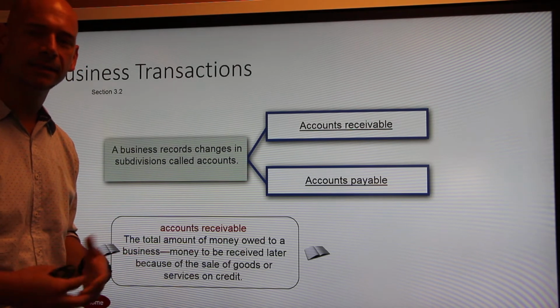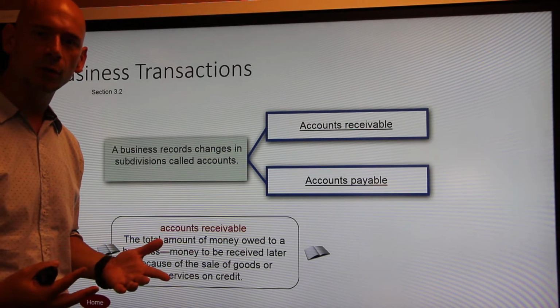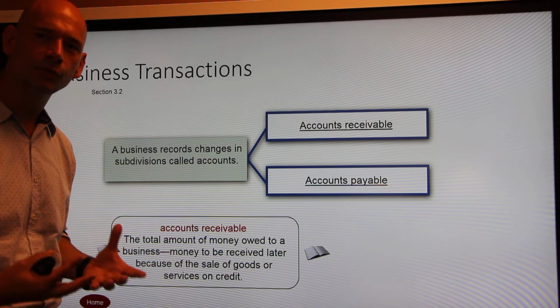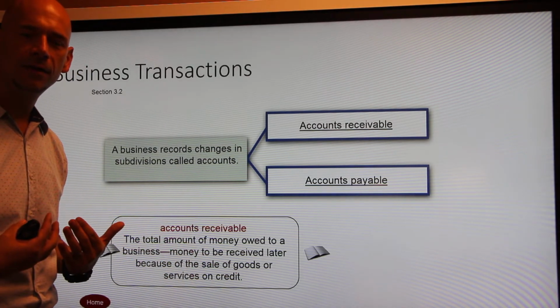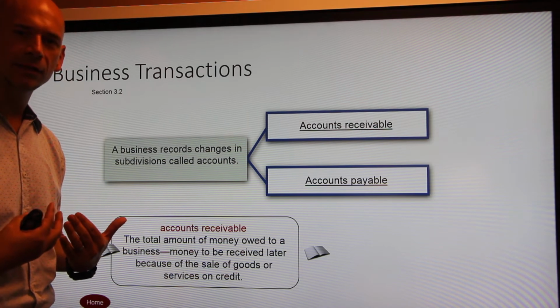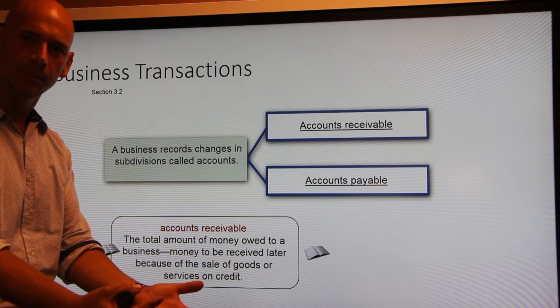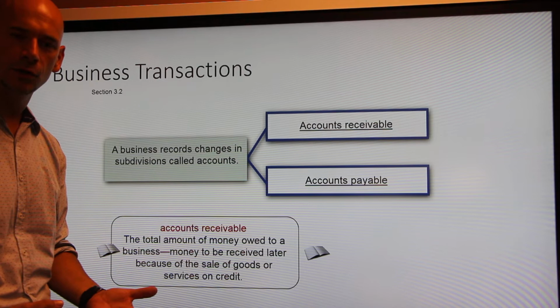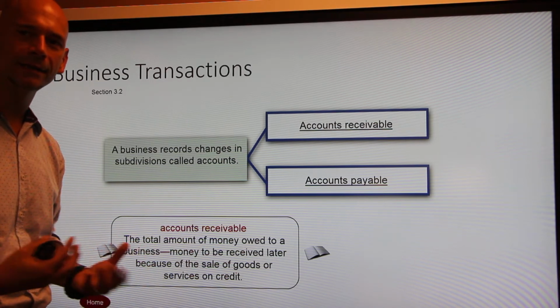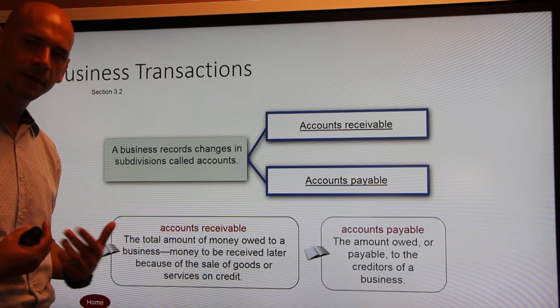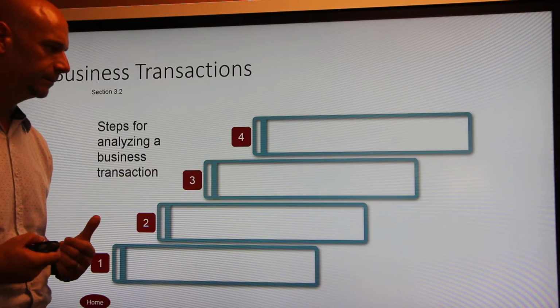Say that they came in to buy a toaster. So we sold them a toaster, but they're not going to pay us cash right now for the toaster. We're going to wait to receive the money for it later. So accounts receivable means that we sold something to somebody, they took away the good, or we provided a service, but they're going to pay for it later. So we're waiting to receive the money that they owe us. That's what accounts receivable is.